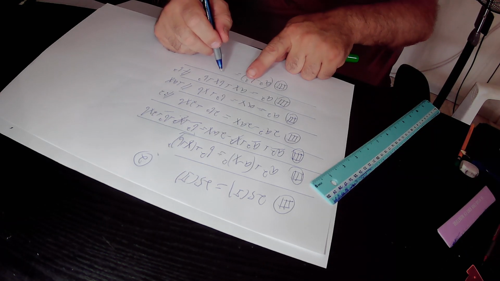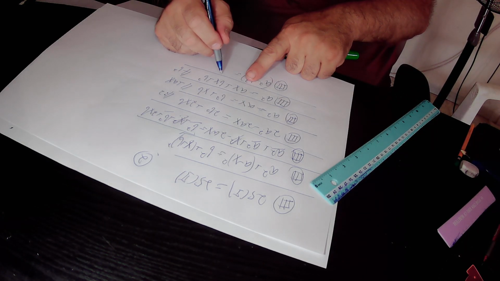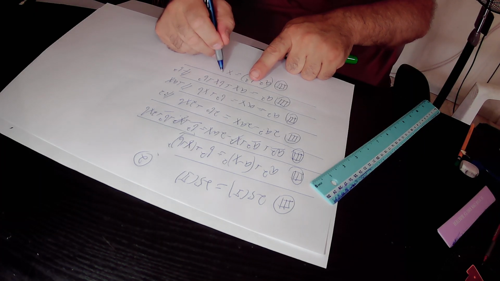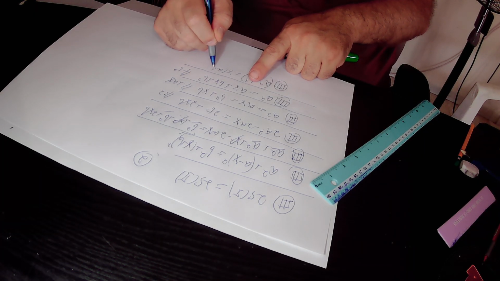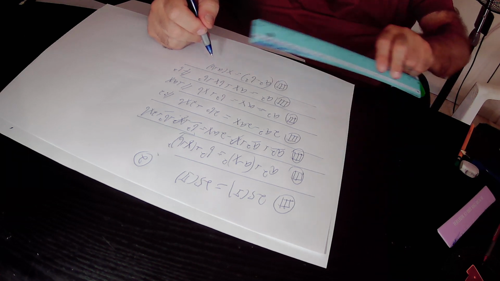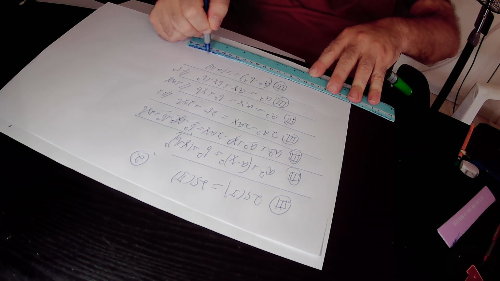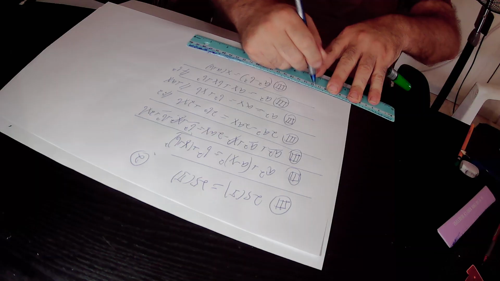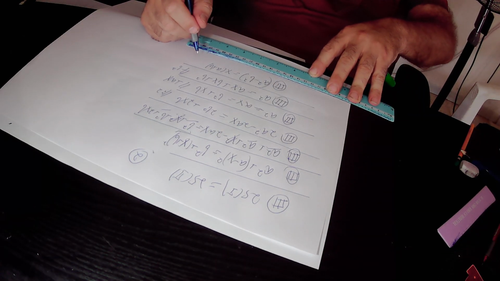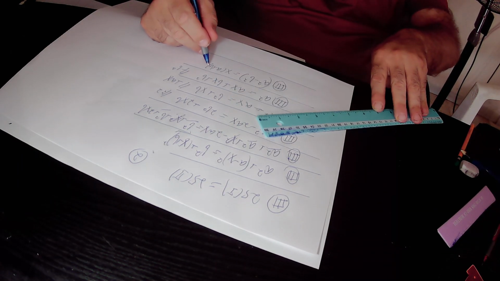So here we take x as a common factor from those two expressions, so inside the brackets we are left with a plus b. So in total, according to equation 3, we actually found out that a squared minus b squared equals x times a plus b.